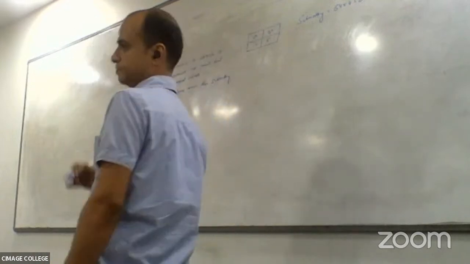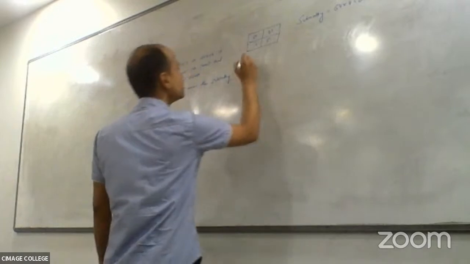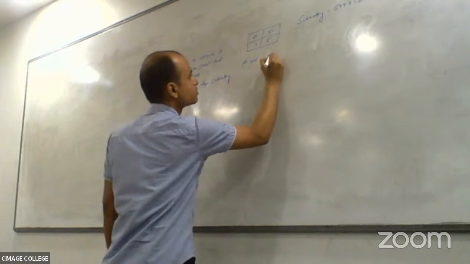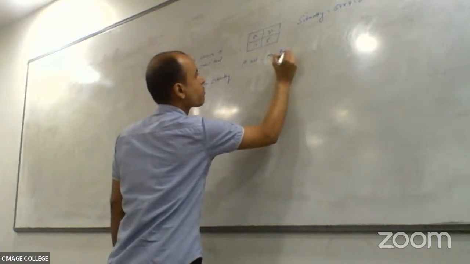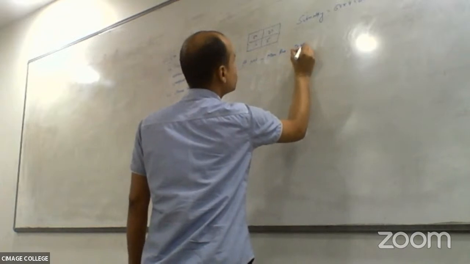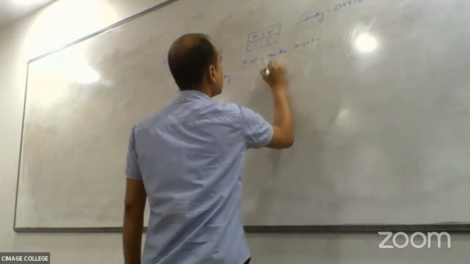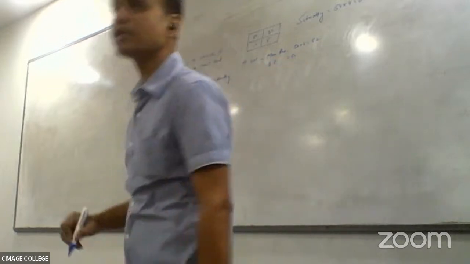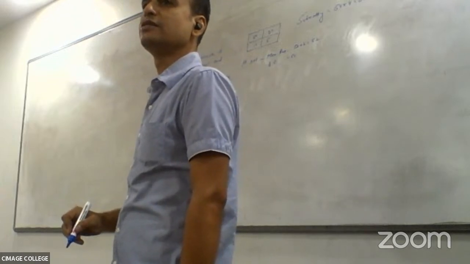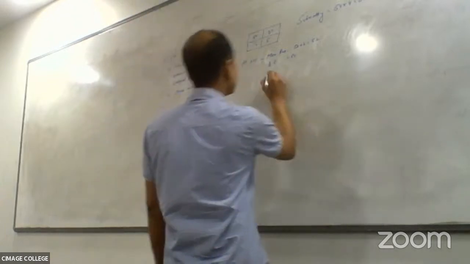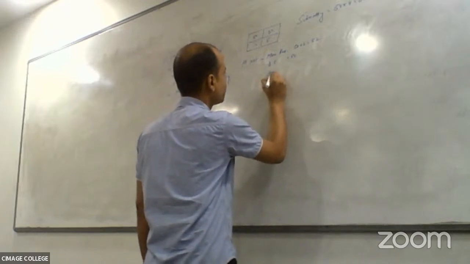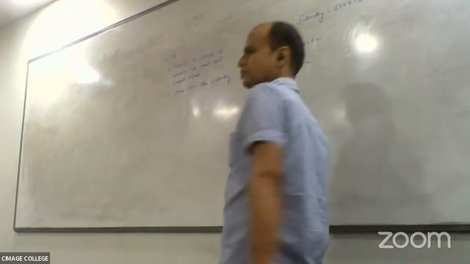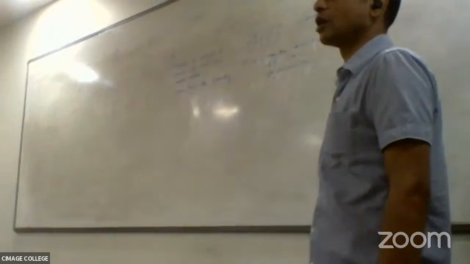But in VLSM, if first network's maximum requirement is 50 plus 2, 52, block size will be 64. Then the subnet mask will be, I'm just writing it directly, 255.255.255.192. Fine. And how 192?